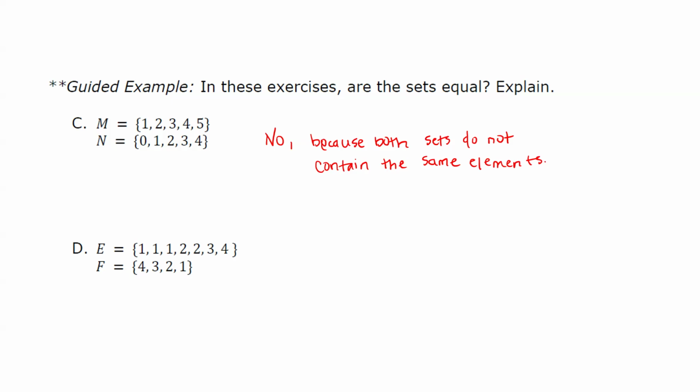Okay, and then D, E and F. E has {1, 1, 1, 2, 2, 3, 4}, and F has {4, 3, 2, 1}. So this would be yes, because both sets contain the same elements.